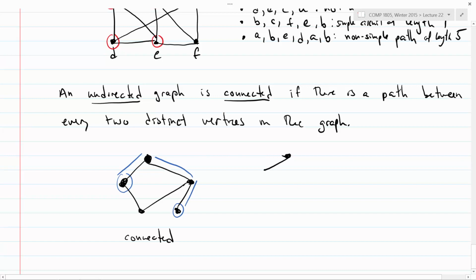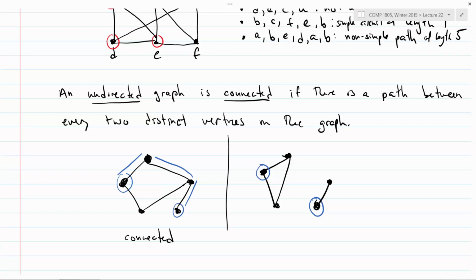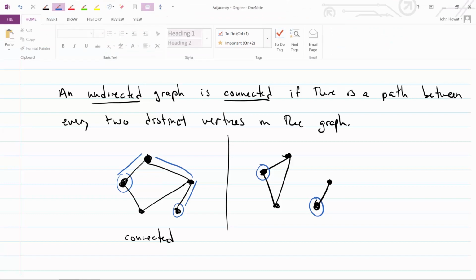An example of a graph that is not connected would be this. Right? This graph is not connected because if I pick this vertex and this vertex, there's no path of edges between those two vertices. I can't get from one vertex to the other. So this graph is not connected.